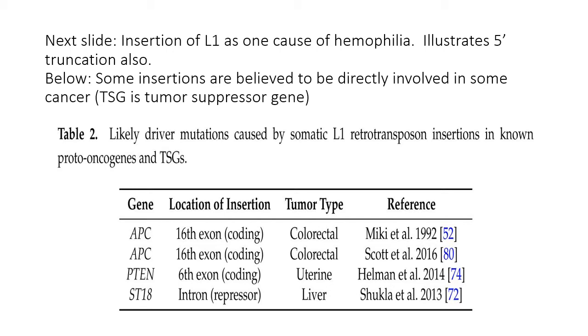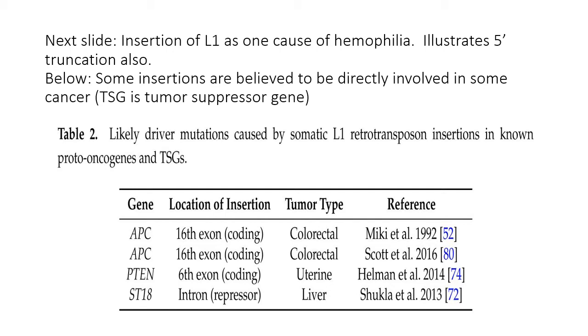Okay, so in terms of genomic effects, there are verified cases where there has been transposition into genes that are driver mutations or causative of particular forms of cancer. So if you jump into the important coding regions of a tumor suppressor especially, then you're going to inactivate the tumor suppressor, and that's going to lead to cancer.